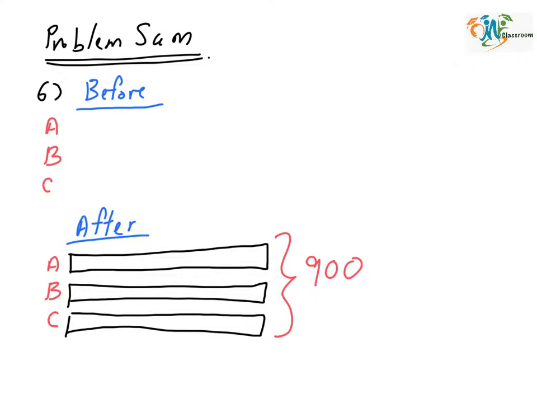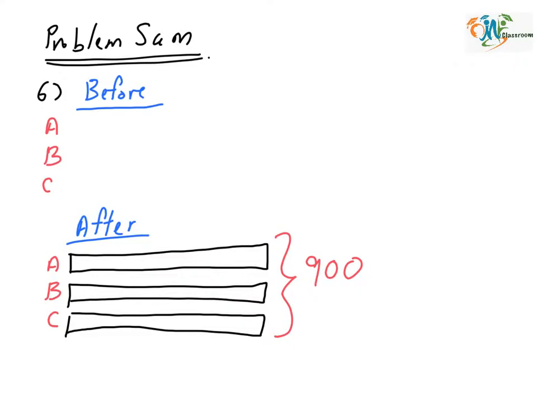So the easiest to find is A, B, or C. Which one can we find first? What do you all think?